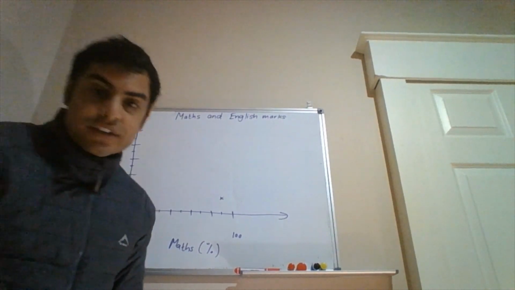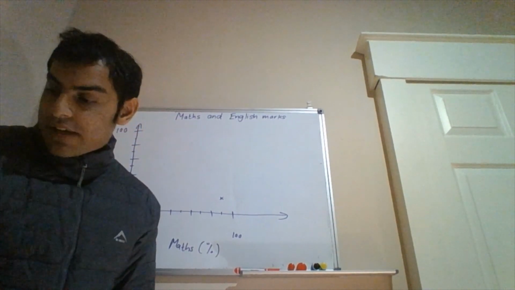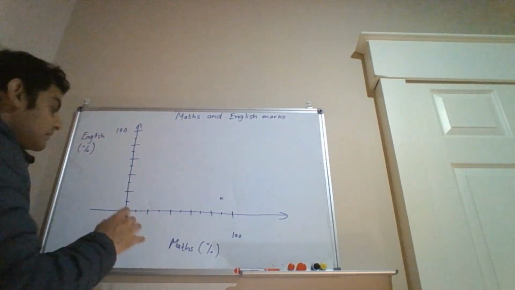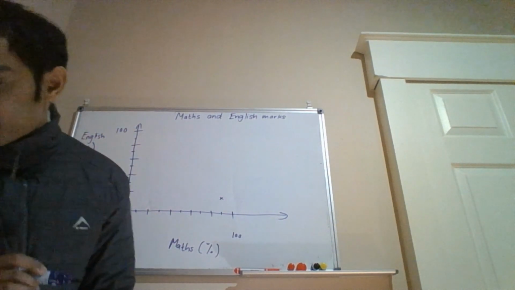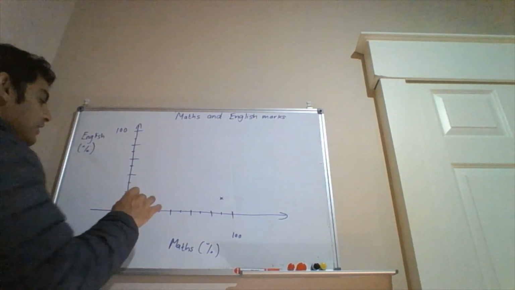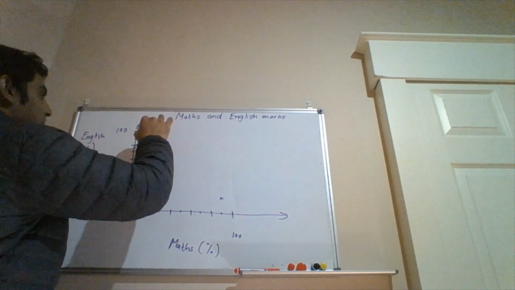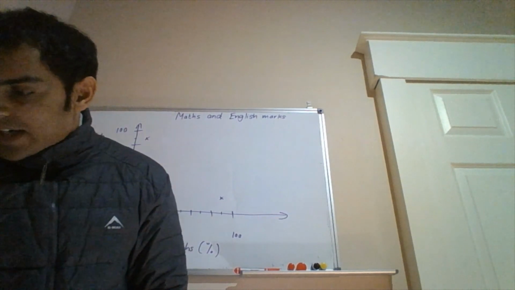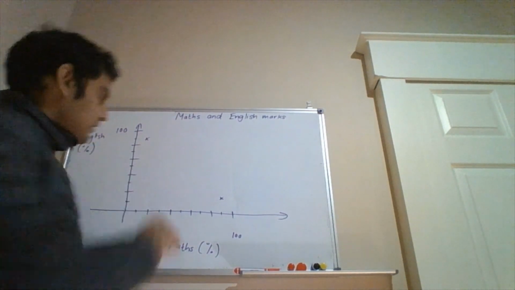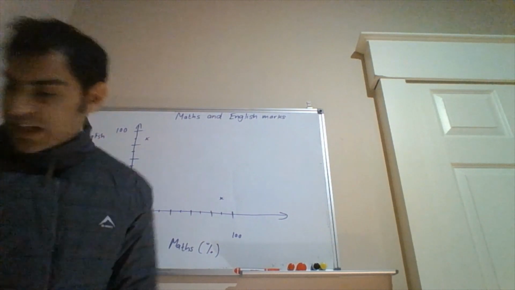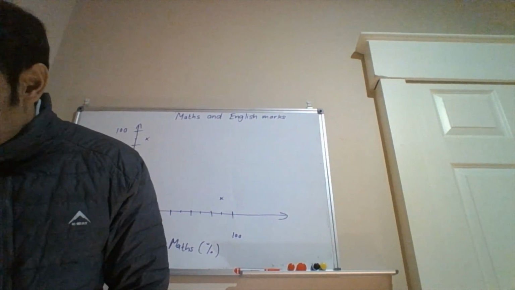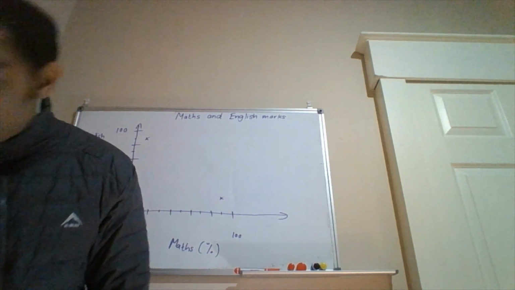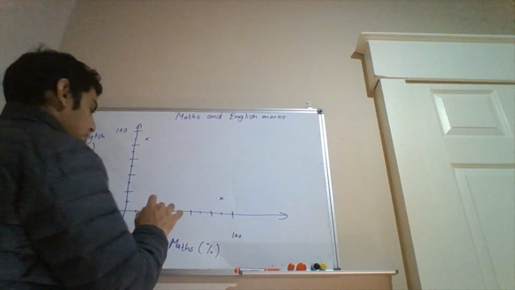The very first dot on the upper left shows us 10% for maths and 90% for English. So it's 10% for maths, 90% for English, somewhere up there. The next dot on the right hand side is giving us a 30 for maths and what looks like a 35 for English.